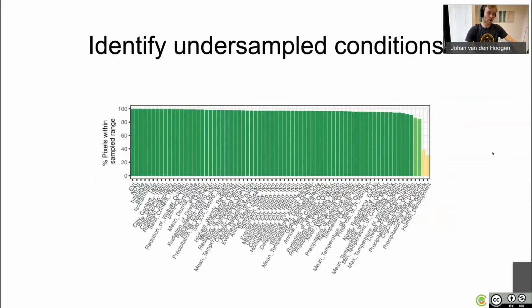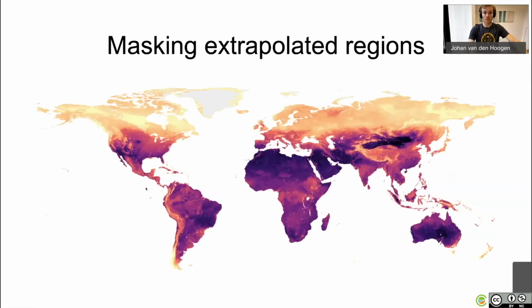It also helps to identify conditions that are undersampled. For example, we have fairly few samples from some ranges of the human development layers or depth to bedrock layers. But EVI and NDVI are bands that are almost completely covered. This can then be used to mask regions that are considered to be extrapolated. So this is the final map.